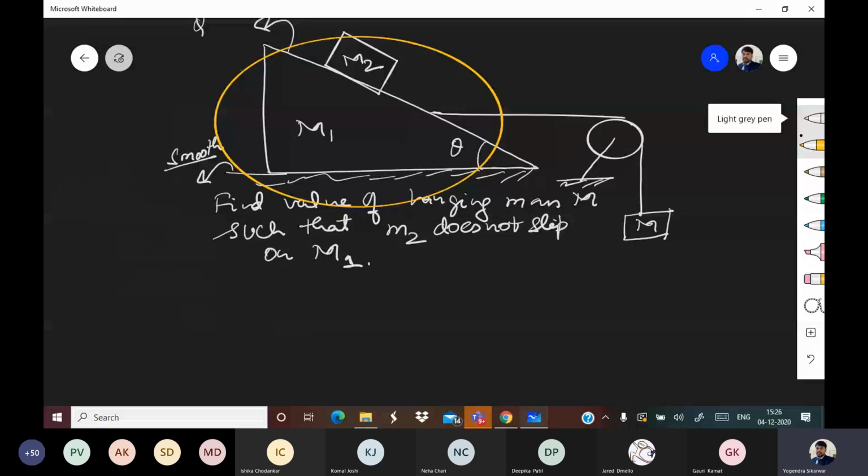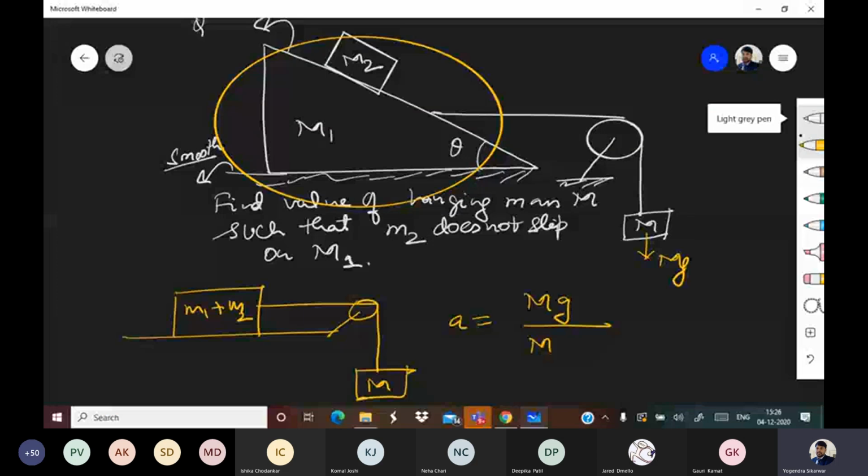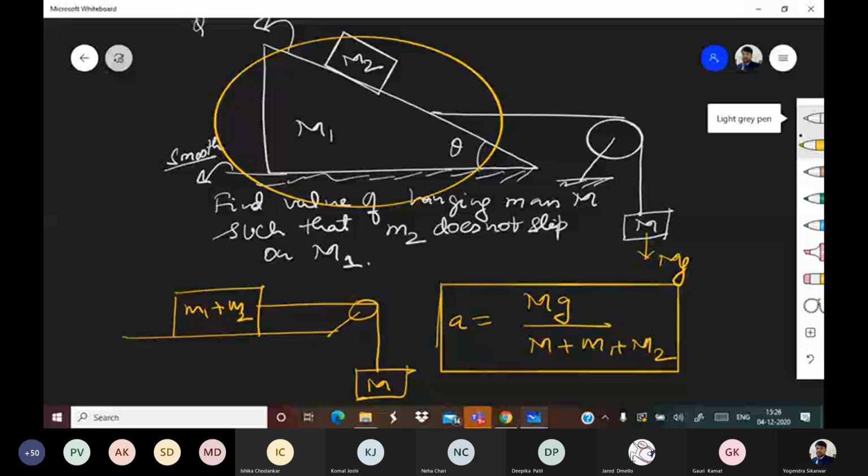So how much will be the acceleration? We all know a will be capital Mg upon M plus M1 plus M2. This is equation number 1. And this a should be equal to g tan theta.